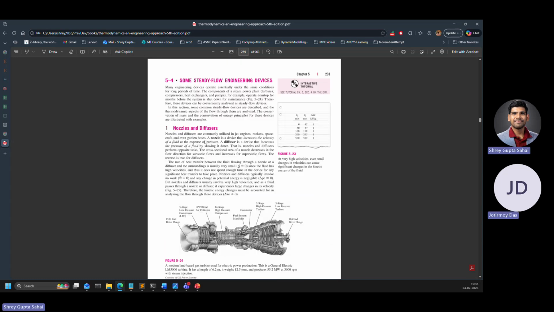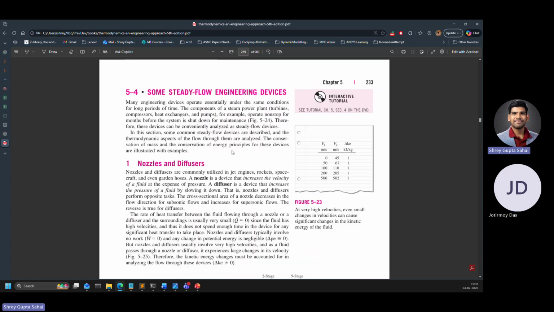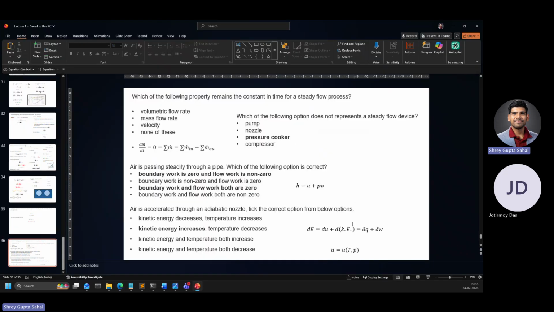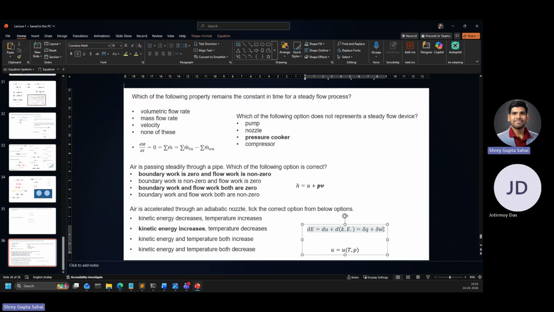A nozzle is defined as something which increases the velocity of the fluid at the expense of pressure. So pressure has to drop. Pressure drops, but velocity increases. And there will be no work also; you are not supplying any work to the system, so this will generally be 0.